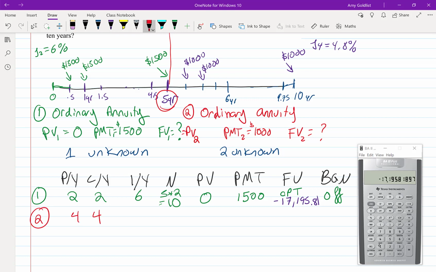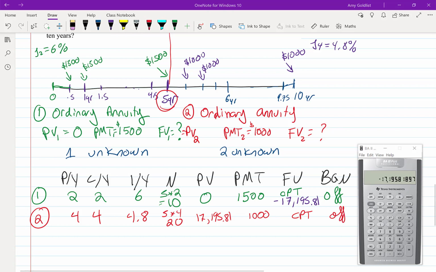This one is quarterly payments, but also quarterly compounding, and our interest rate is 4.8. It's going to be 5 times 4, so we've got 20 payments, and our present value is $17,195.81. Payment is $1,000. Future value is a compute, and our begin is still going to be off.